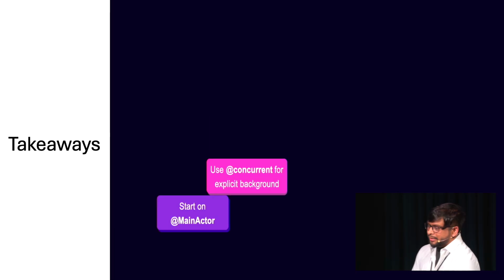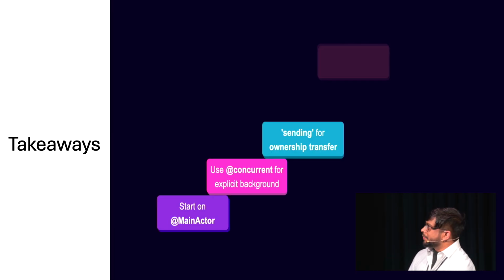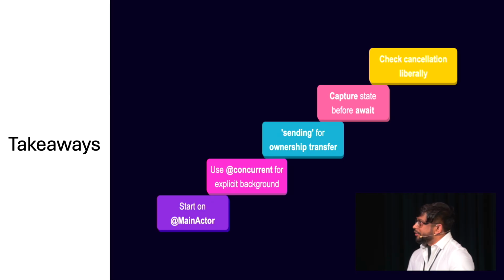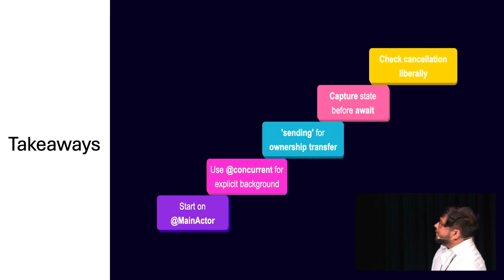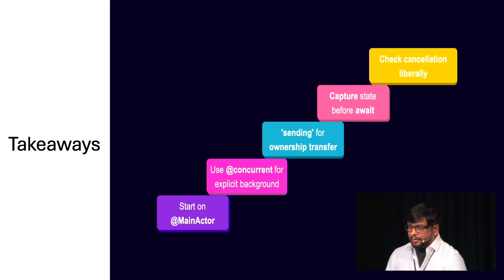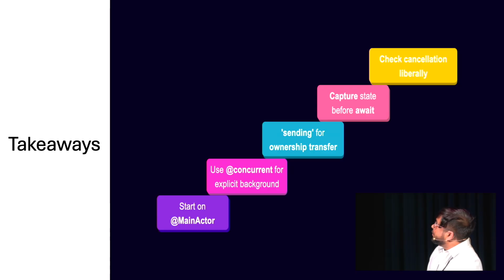Let's recap the key takeaways. Start on the main actor, set as the default for your iOS applications, and use concurrent for explicit background tasks and sending for ownership transfer. It works well with non-sendable types. Capture the state before await for the actor reentrancy issue fix.